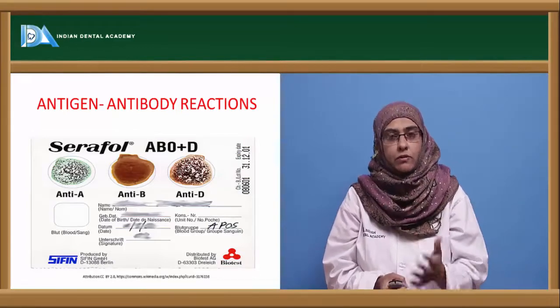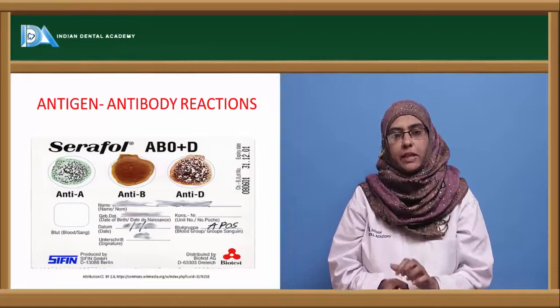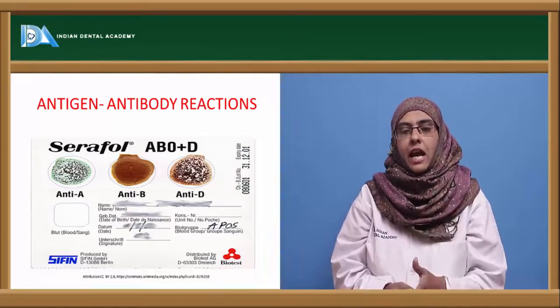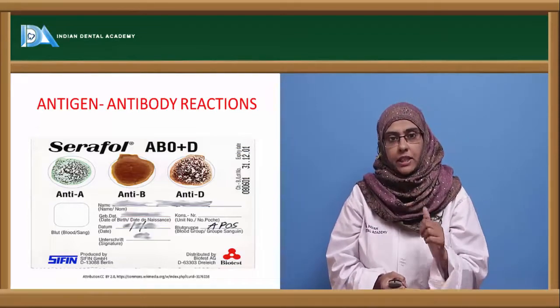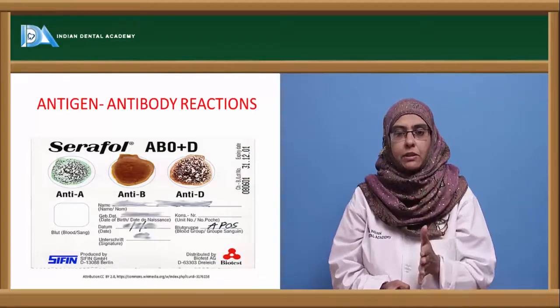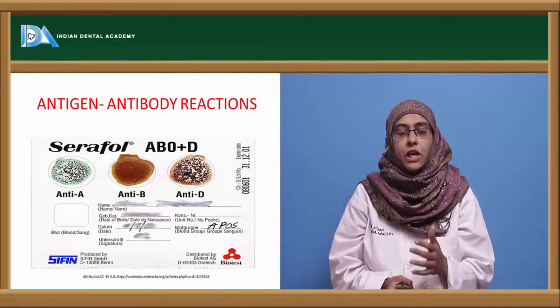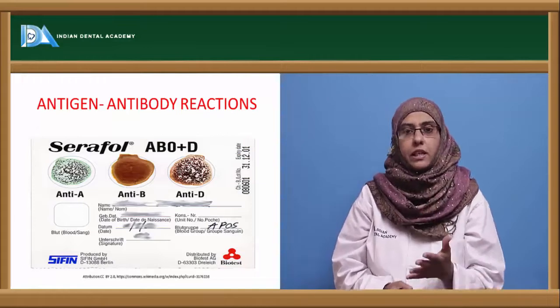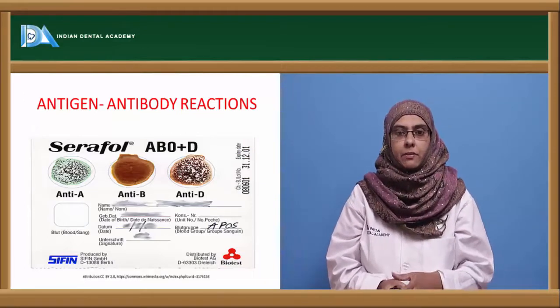This complex is only formed when there is a complementarity between the antigen and the antibody. The binding of antigen and antibody elicits the immune response to produce different kinds of cells, ultimately eliminating the antigen from the human host.